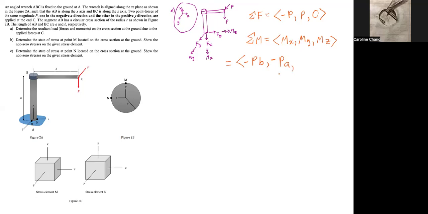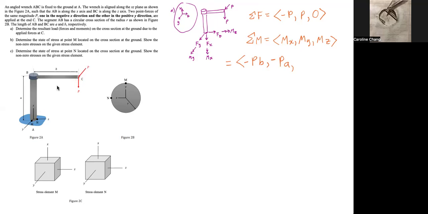Will there be a moment in the z direction? The z direction is over here. So yes, there will be a moment in the z direction given by this force over here, but not by this force over here.